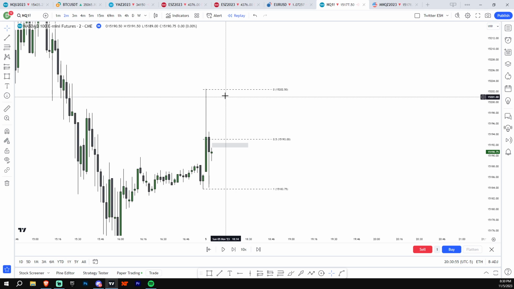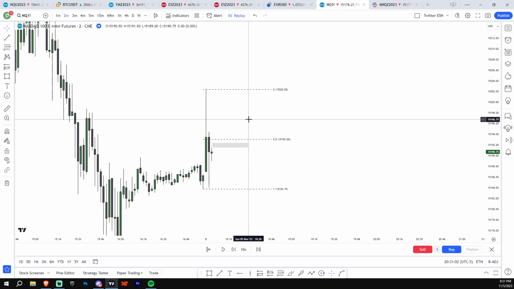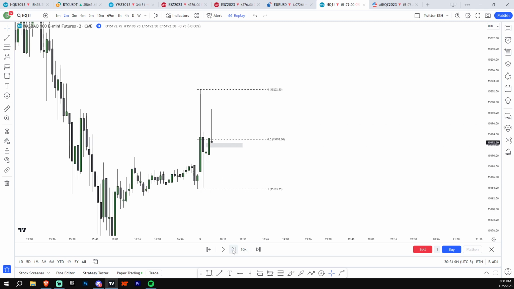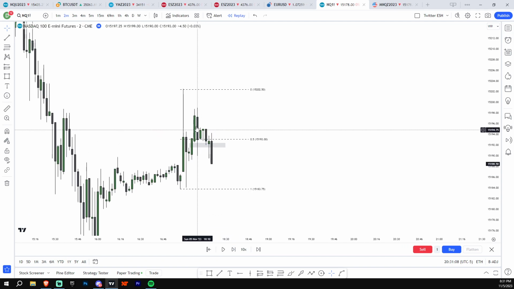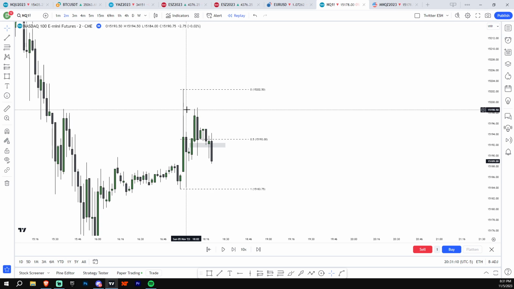I know that 90% of the time the market's at least going to hit this 0.5 and go back up into this range again because it's premium. Once that happens, then I look for the long setup. Us going to premium and rejecting this 50% is the confirmation that this 2 minute is a good play.